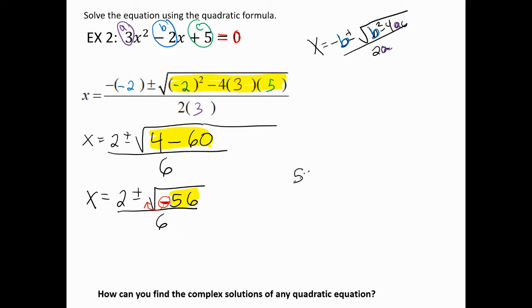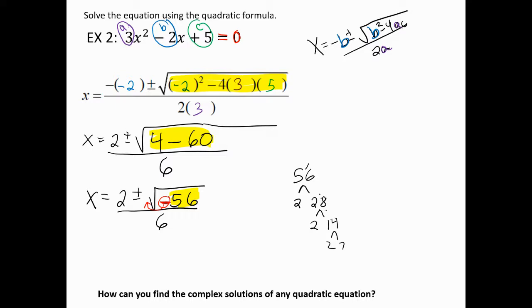We're going to break it down. Since it ends in a 6, I know 2 goes into it. I call this short division. 2 goes into 5 2 times, there's 1 left over, and 2 goes into 16 8 times. Then we can break down the 28 into 2 and 14, and the 14 can break into 2 and 7.